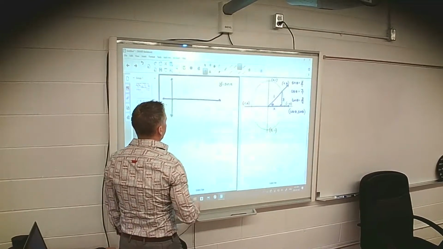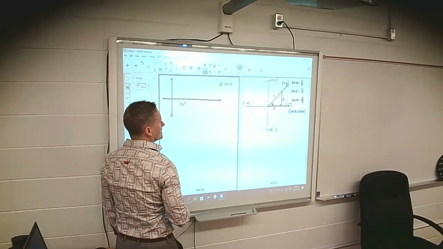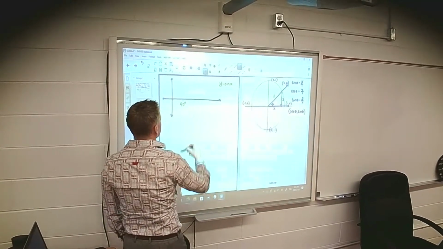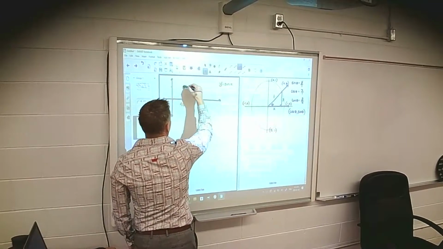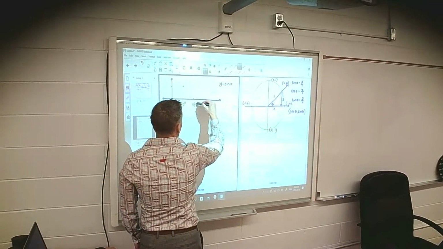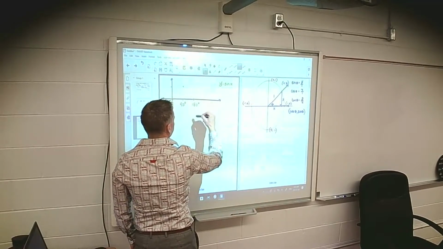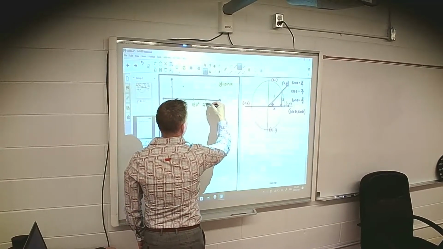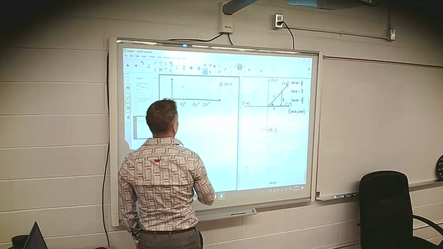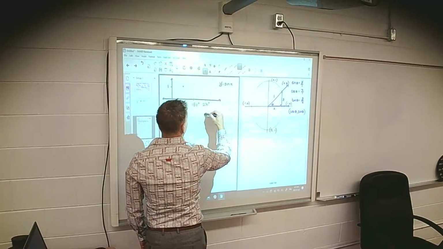Okay. At 90 degrees, what's the sine value? 1. So it goes right here. At 180 degrees, what's the sine value? 0. At 270 degrees, what's the sine value? -1.